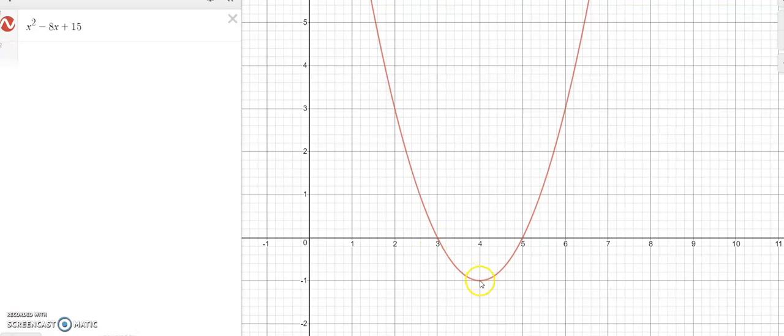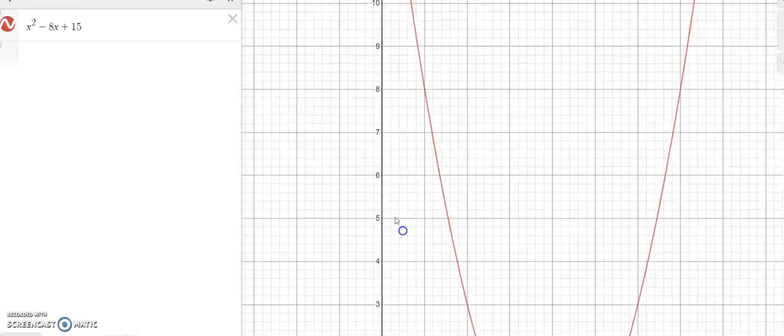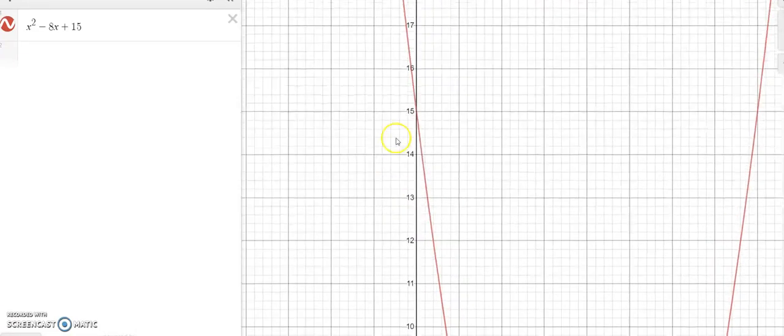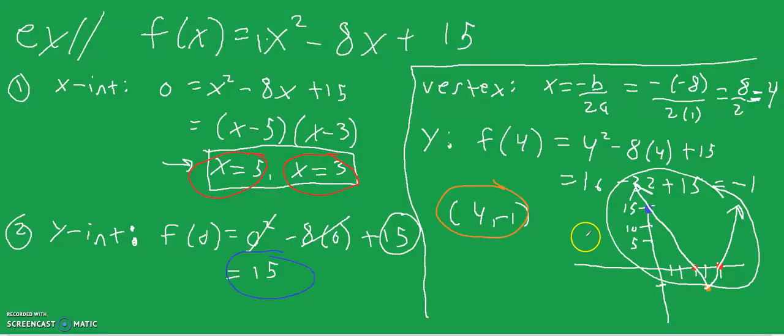I have my vertex at 4, negative 1, so everything matches up. Now, I scroll up a little bit, I see that my y-intercept is 0, 15. And, right, I mean, my graph's not perfect, but it illustrates that idea, and this is super detailed. This is exactly what you want to do if you're trying to graph something like this.